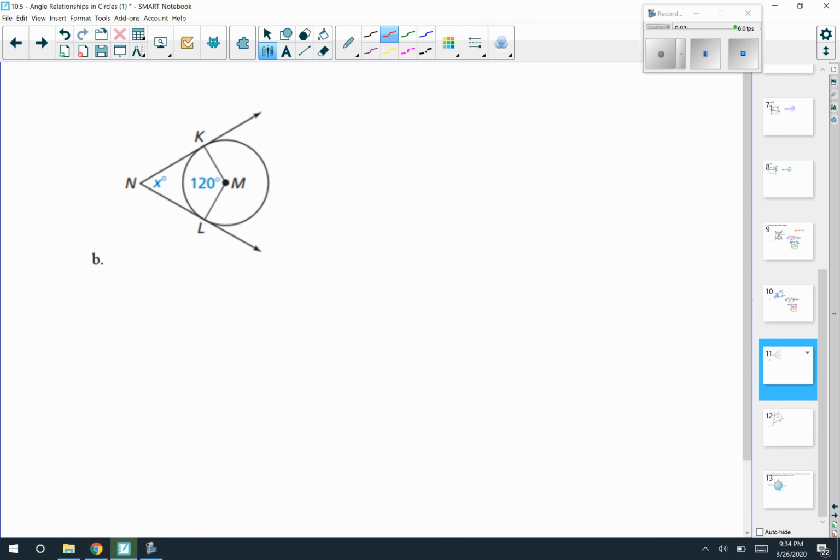Letter B. Okay, so this one, we've got our two tangent lines. And then we've got our two radii, which means if we've got two tangent lines and two radii, we know that's 90 degrees and we know that's 90 degrees.